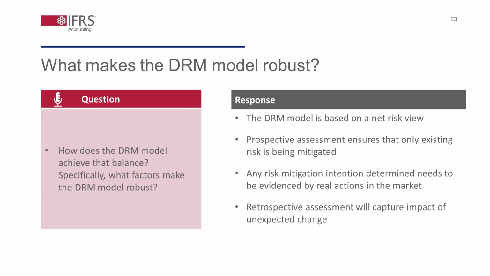More importantly, together with the prospective assessment requirement, a net risk view also ensures that only derivatives that are genuinely mitigating the net open risks are benefiting from the accounting exceptions allowed under the DRM model. For example, if an entity holds assets with total risk of, say, plus 100 PV1 and liabilities with total risk of, say, minus 80 PV1, that is the present value for every 1 basis point shift in interest rate, the maximum risk in derivatives that would benefit from the DRM accounting exception would be minus 20 PV1.